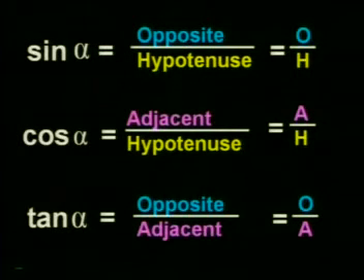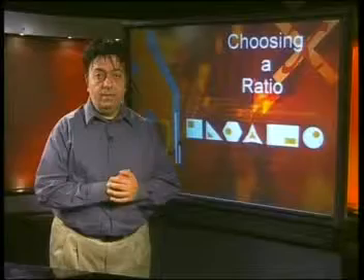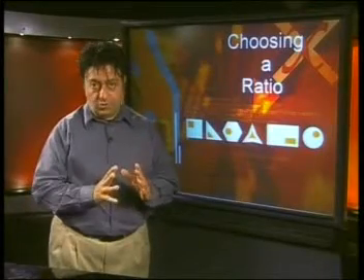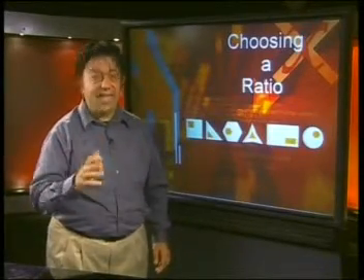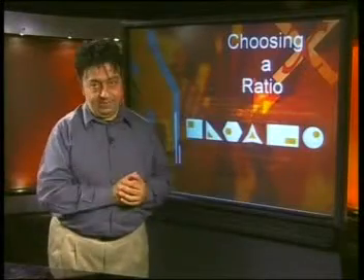Sine alpha is equal to opposite divided by hypotenuse. Cos alpha is equal to adjacent divided by hypotenuse. Tan alpha is equal to opposite divided by adjacent. And of course, SOHCAHTOA helps us to remember this.